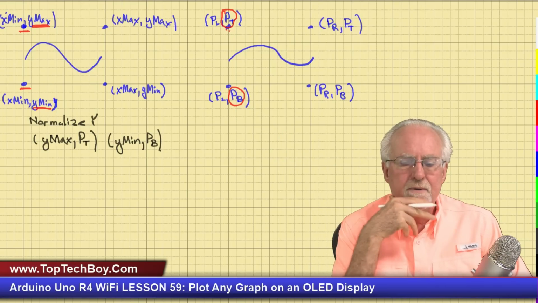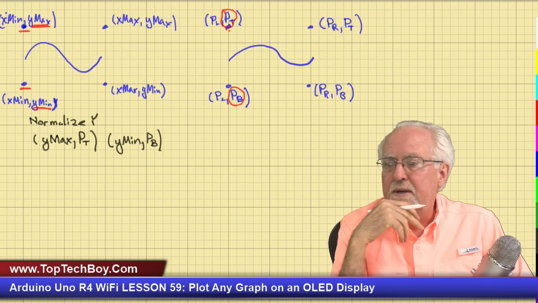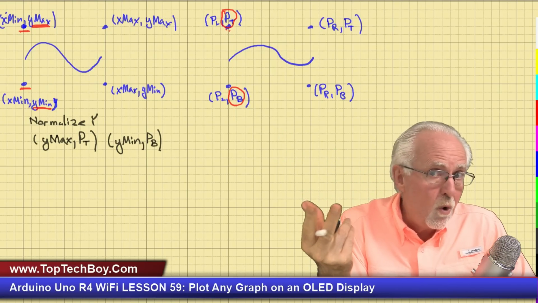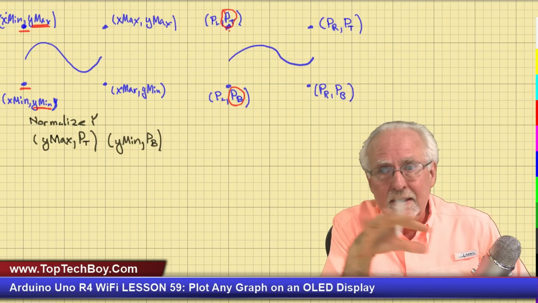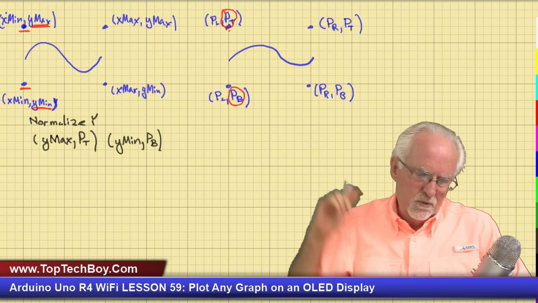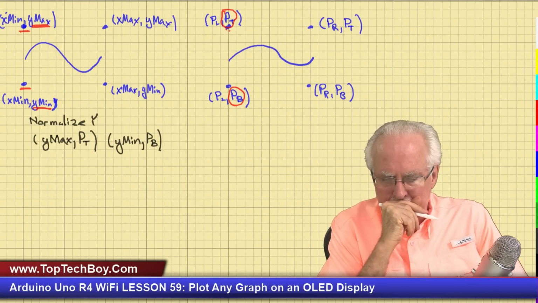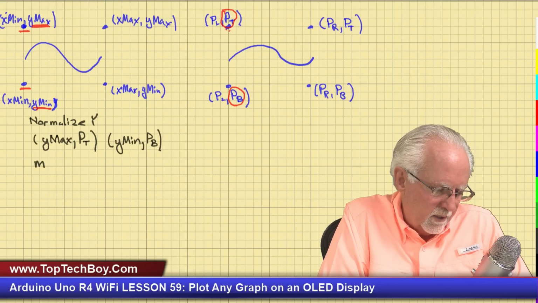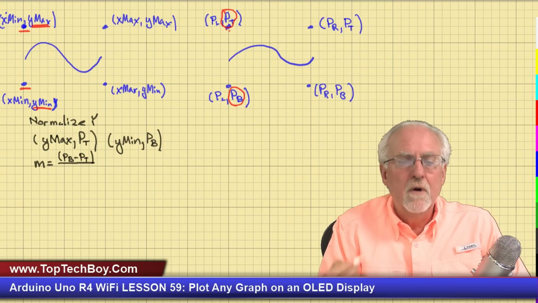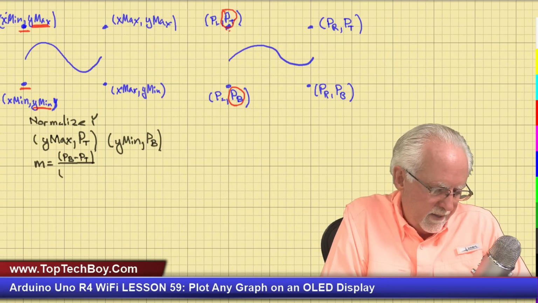90% of it is just understanding that simple thing that I just put. I have 2 points. If I have 2 points, I can create a line, a linear relationship for everything between those 2 points. So what do I want to do? I want to calculate the slope. What is the slope? It is y2 minus y1, which for those points above would be pb minus pt over x2 minus x1.